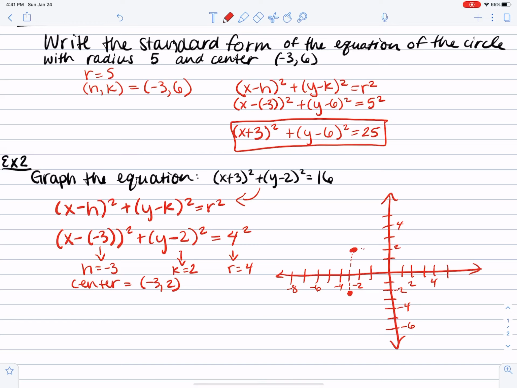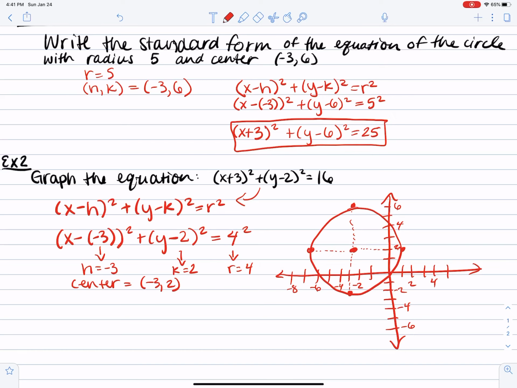Okay, and then straight right to here to +1, because we're going 4 to the right, and then 4 up, so that's actually going to get me up to 6. So I need to go all the way up here. And then 4 to the left, so that should get me to -7. And then that is my circle.